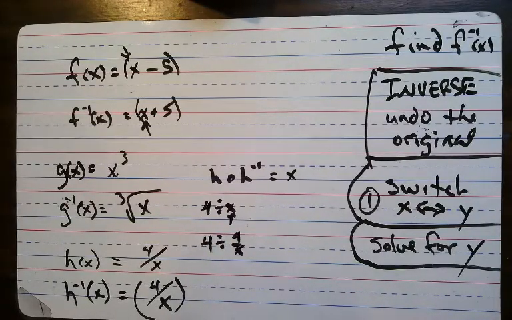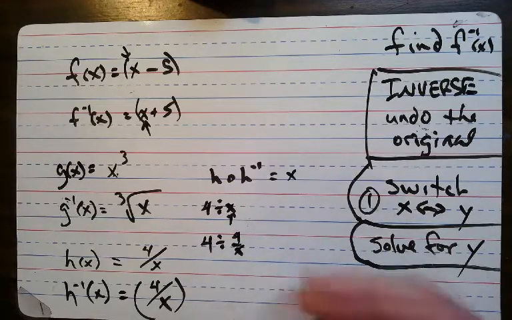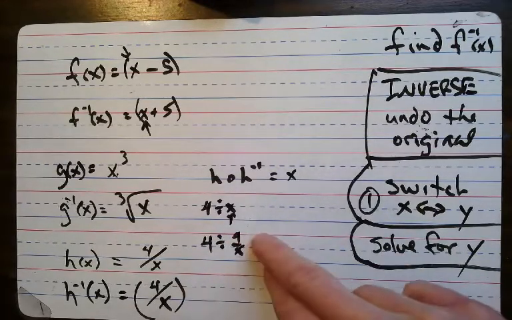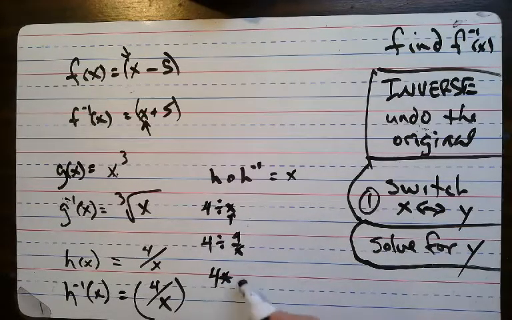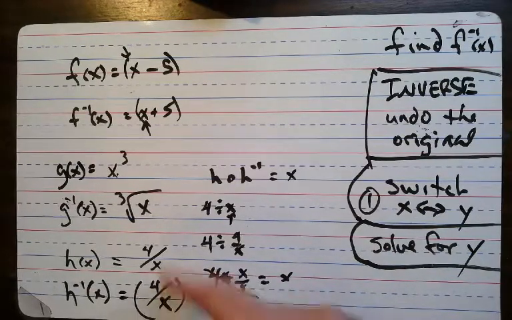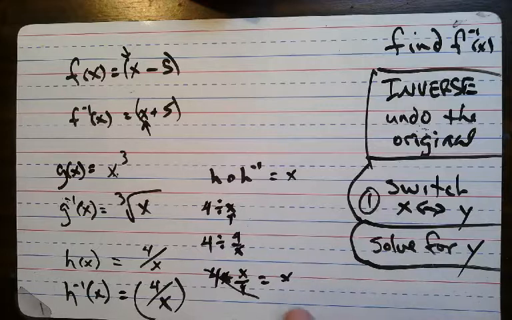You agree? Now when you divide by a fraction, what happens? You multiply by the reciprocal. So this is really 4 times x over 4 equals x. Boom! And obviously if you put it back in the same formula, it's going to be exactly the same.